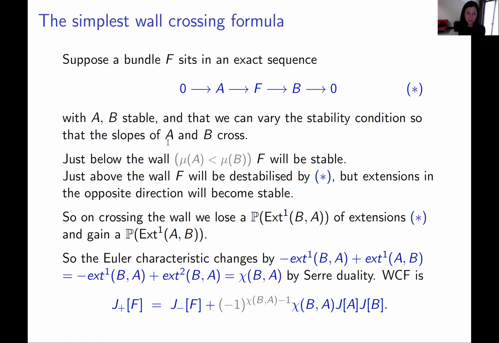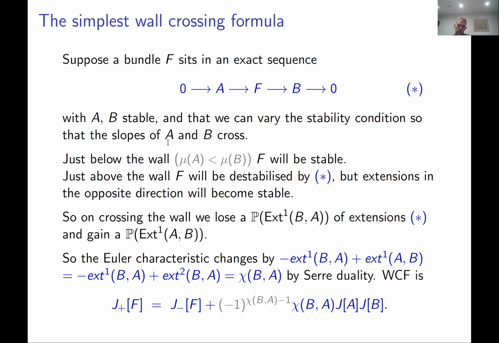Does it make sense? Yeah, it makes perfect sense. I'm not really an expert on pi stability, but I'm going to assume it's the same as Bridgeland stability, because certainly Bridgeland stability was invented to try and model pi stability. And that's correct. We have such a wall crossing formula for Bridgeland stability conditions.